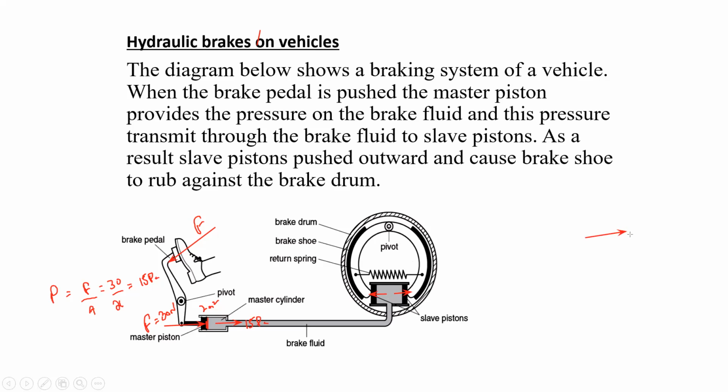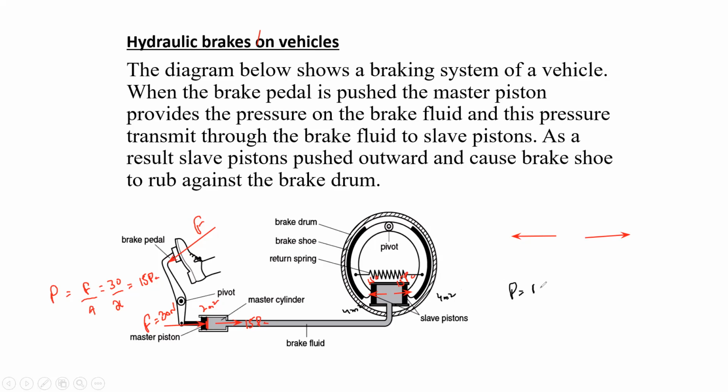So both sides it will apply the same 15 Pascal. And if the area of this side is 4 meters square and the area of this side is also 4 meters square, what is the force on the brake shoes?